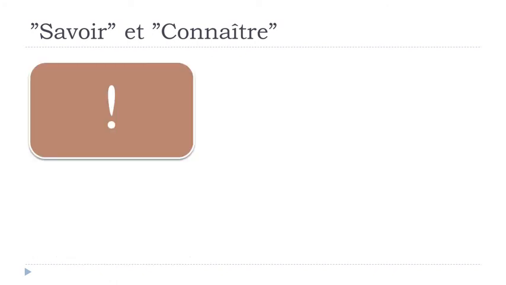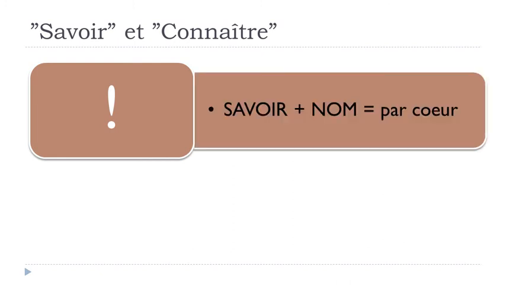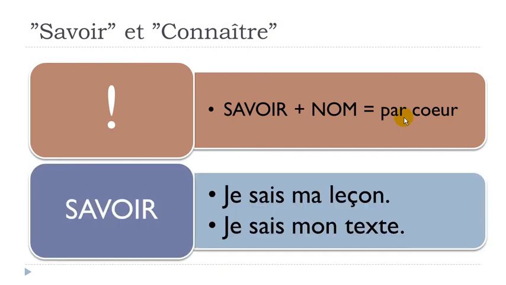But, of course, there is one exception. And the exception is savoir plus a noun. You will use this structure only if you want to introduce this concept that we call in French par cœur, so by heart. Let's see one example.